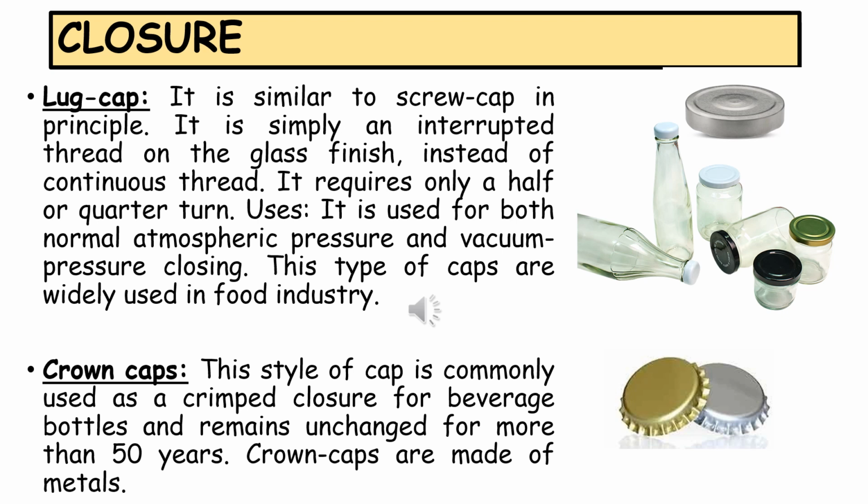These types of caps are a type of vacuum seal, so they are also known as vacuum caps, and they are used to protect oxygen sensitive products. They are usually found in food and beverages, and in pharmaceuticals they are found on metal containers.